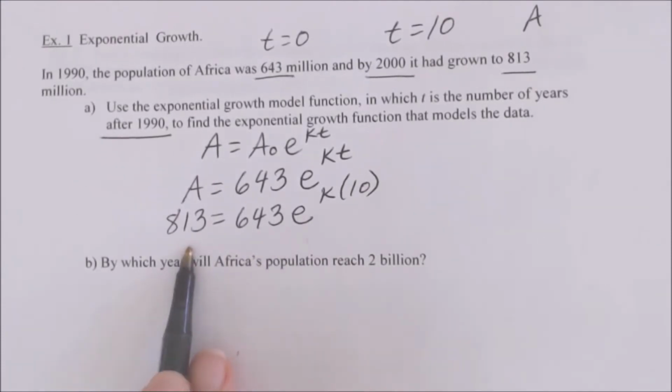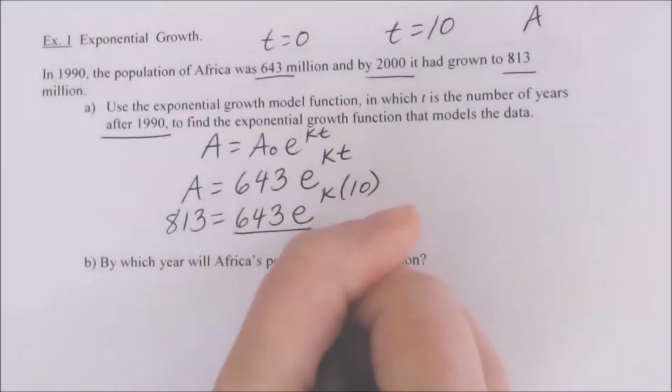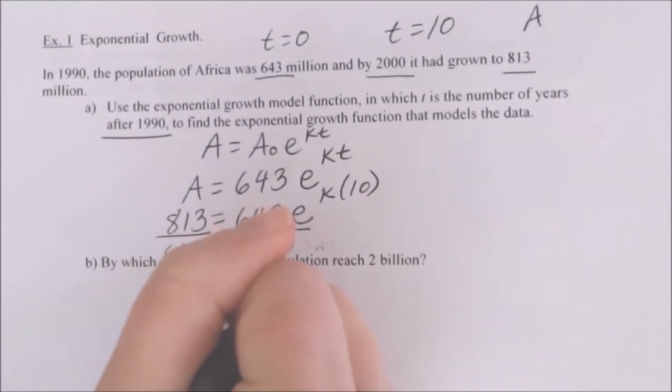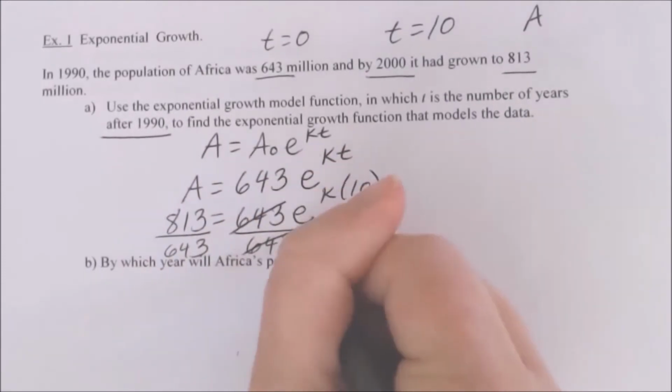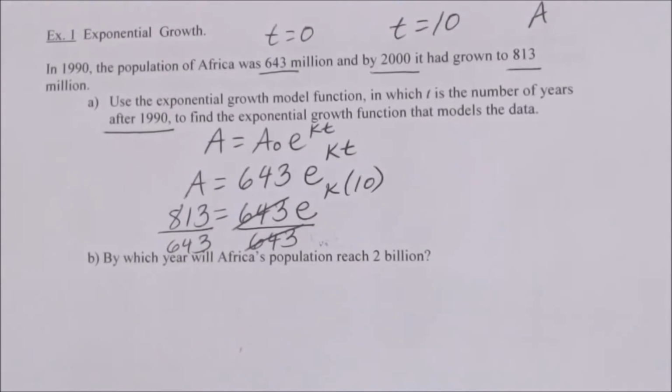So I need to get that to the other side so I can isolate the exponential part of the model. So I'm going to divide both sides by 643. So we're going to cross that out, and I'm going to use my calculator, and I'm just going to get a decimal approximation for 813 divided by 643, just so we don't have to deal with fractions.